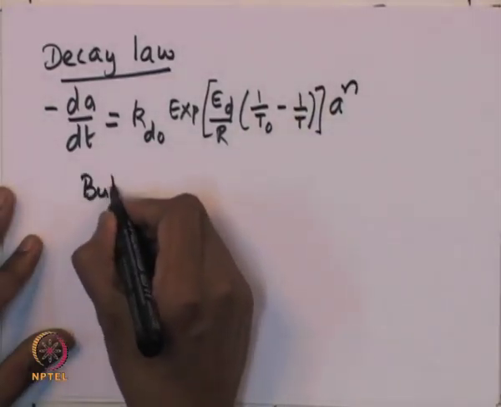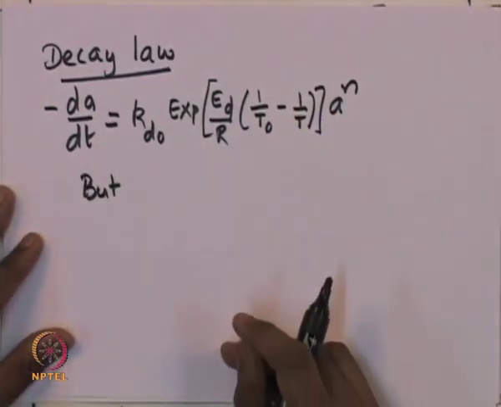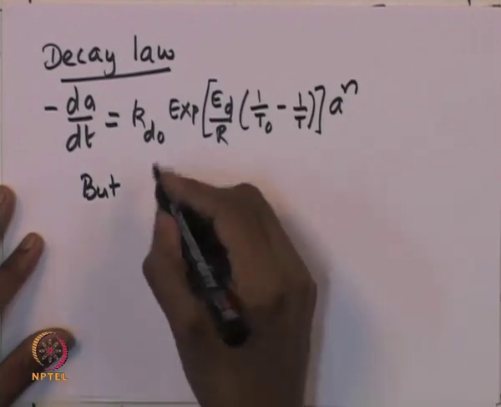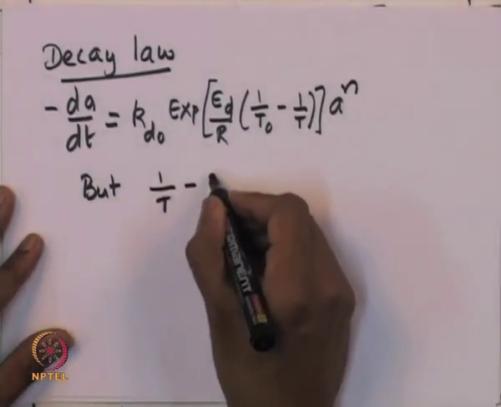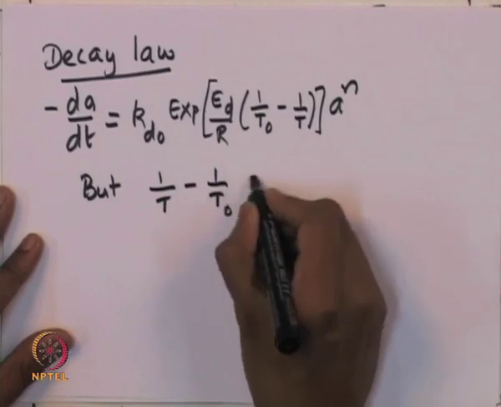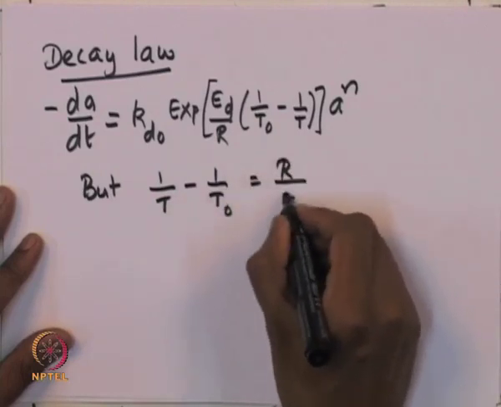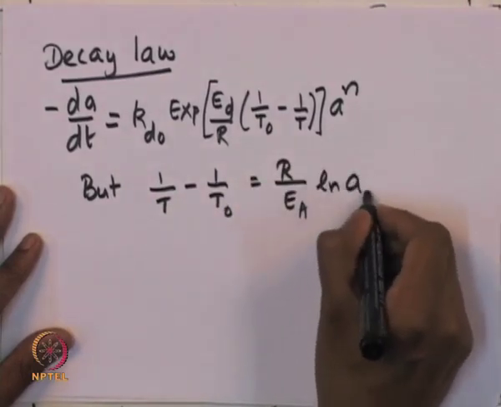But using the rate law, we can relate the temperatures using the expression 1 by T minus 1 by T naught equals R by E A into ln a.